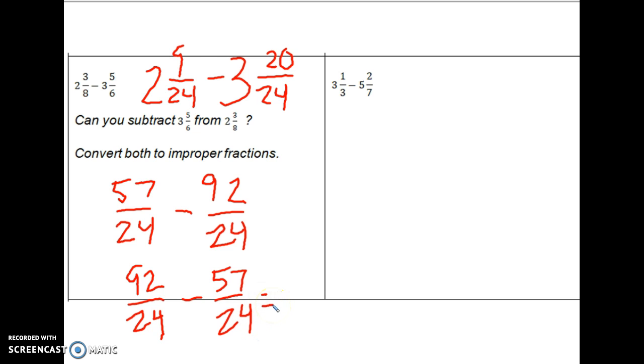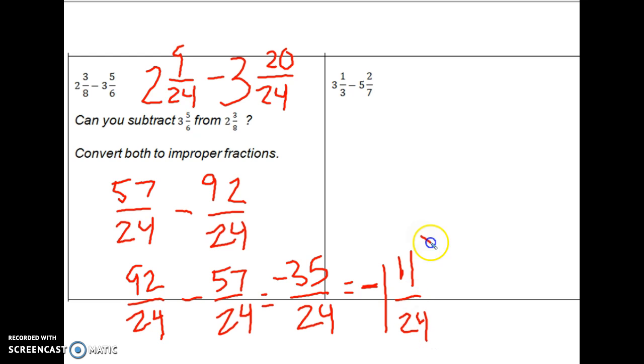So then 92 minus 57 gives me 35 24ths. The last thing that you have to do is know that your answer is negative because we switched, and you have to change it back to a mixed number. So 24 goes into 35 one time, don't forget it's negative, and then 35 minus 24 tells you that there's 11 left over. So final answer is negative 1 and 11/24.